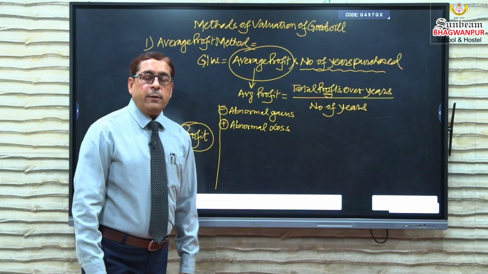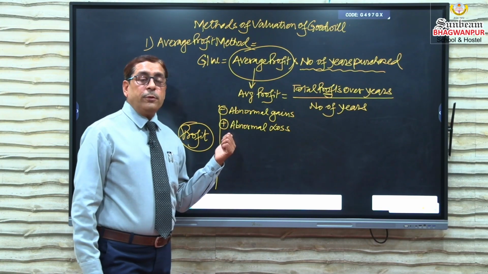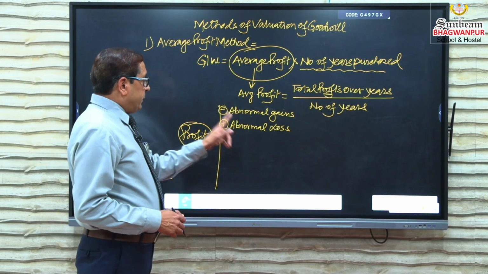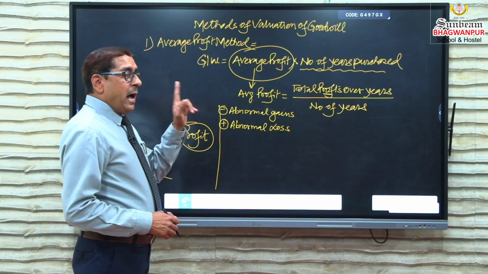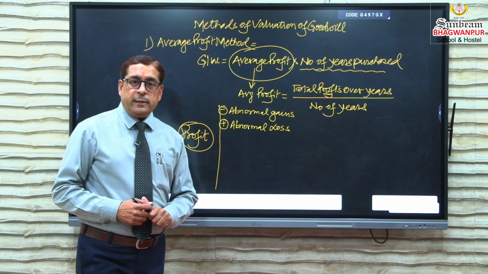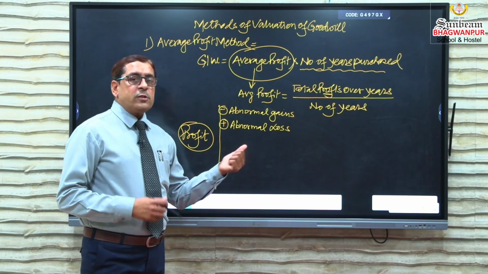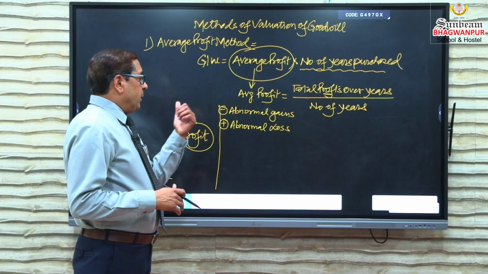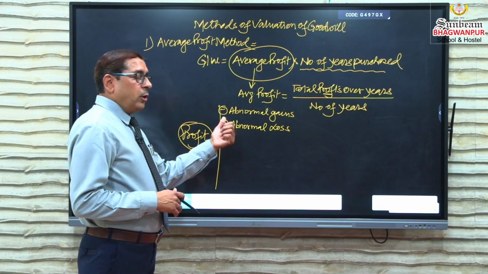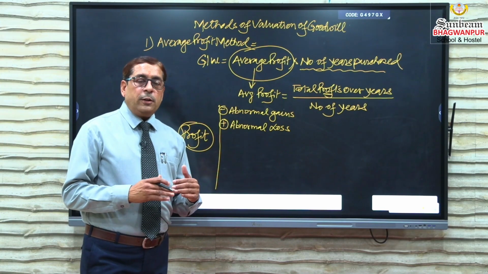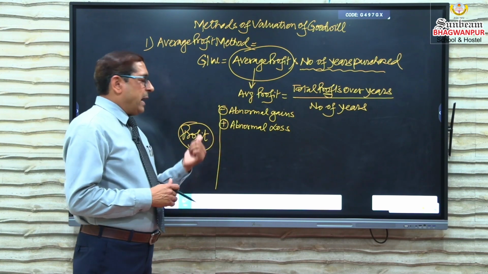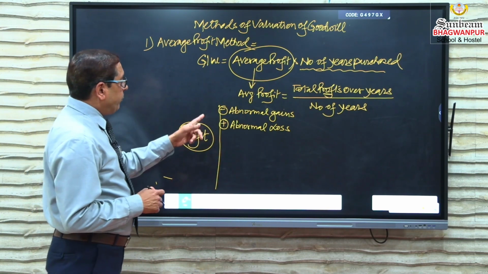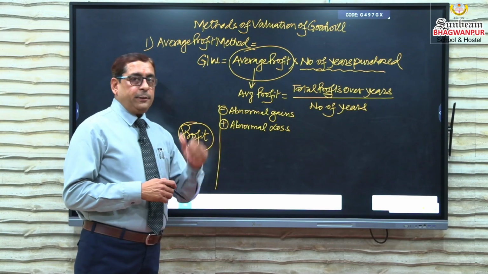Again, the question is why we are adding this abnormal loss? Because this abnormal loss has reduced the profit of the business. This abnormal loss is not of recurring nature, suddenly this loss reduced the profit of that particular year. That's why for the purpose of valuation of goodwill, we are going to add it.